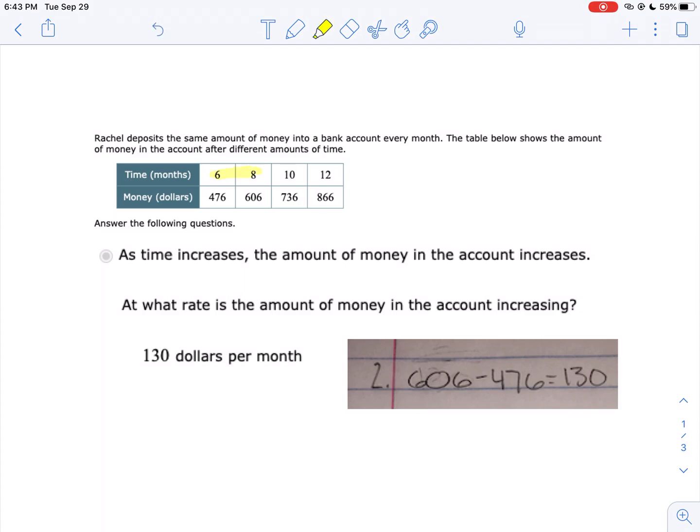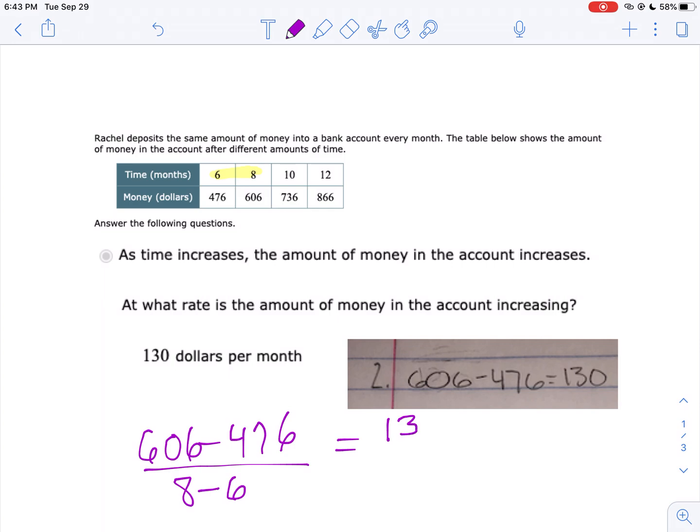I'm going to copy down what you did here. 606 minus 476. You have to find the rate of change, so you have to divide that by your independent variable, which is 8 minus 6. In other words, it's 130 divided by 2, which is $65 every month, because it says at what rate is the amount of money increasing.